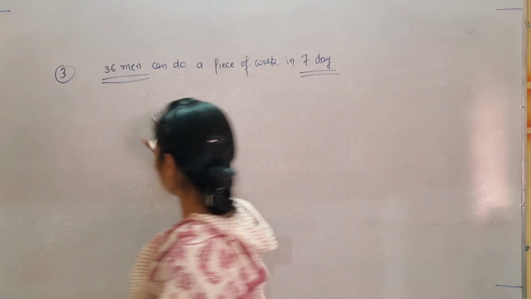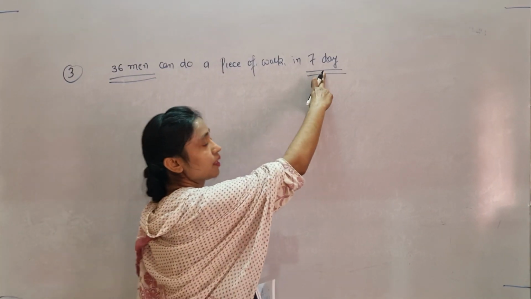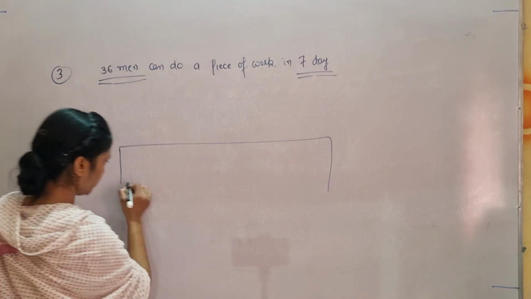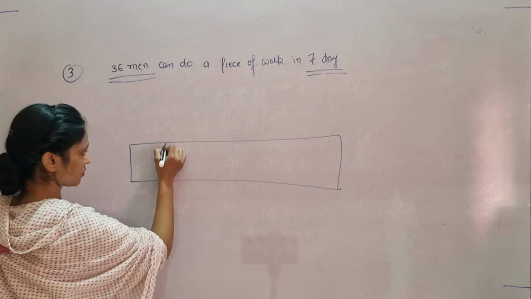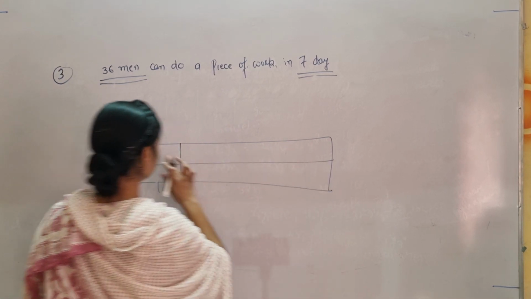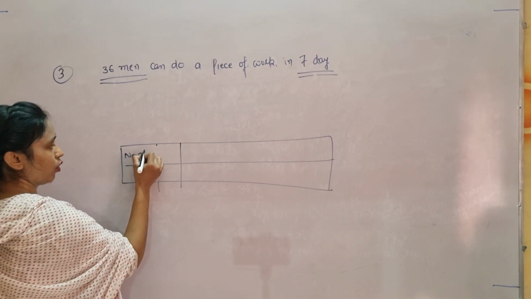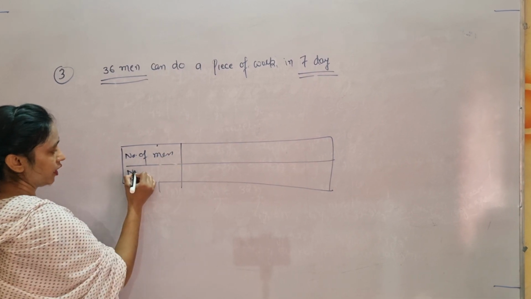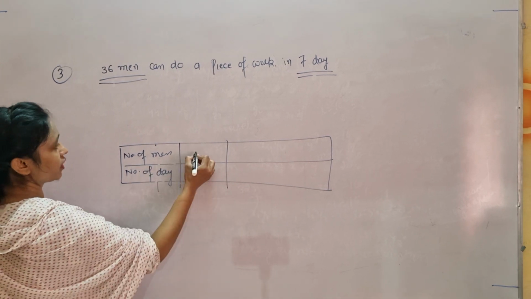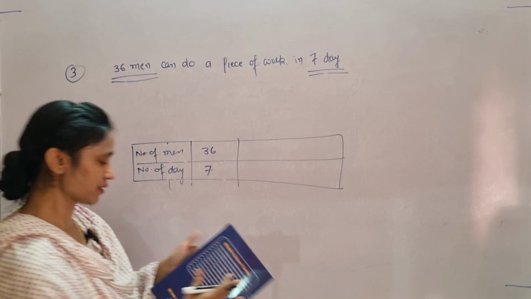One variable you can take as number of men, the second is number of days. First variable, number of men, and here you can take number of days. So when the number of men is 36, they can finish that work in 7 days.